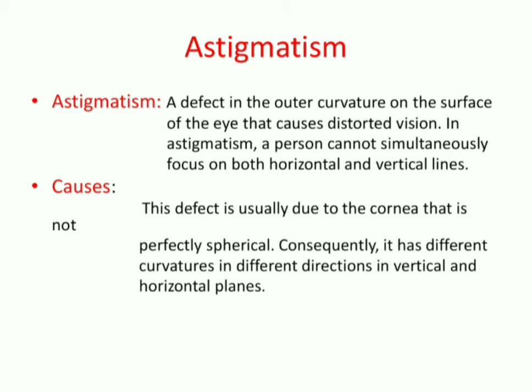Distorted vision in the sense that a person cannot simultaneously focus on vertical and horizontal lines. If vertical lines are clear, horizontal lines will become unclear. I'll show you the defect in the next diagram. This defect is due to the cornea not being perfectly spherical. Because the cornea is not perfectly spherical, you cannot focus on both vertical and horizontal lines.